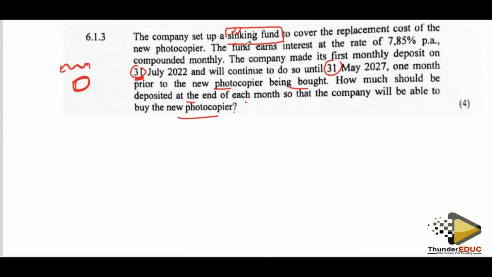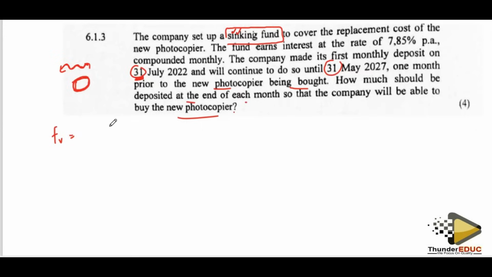And that money will be under the present. Is it a present? No, it will be a future value. Okay, so what I need to know is what is my future value? How much am I looking at?